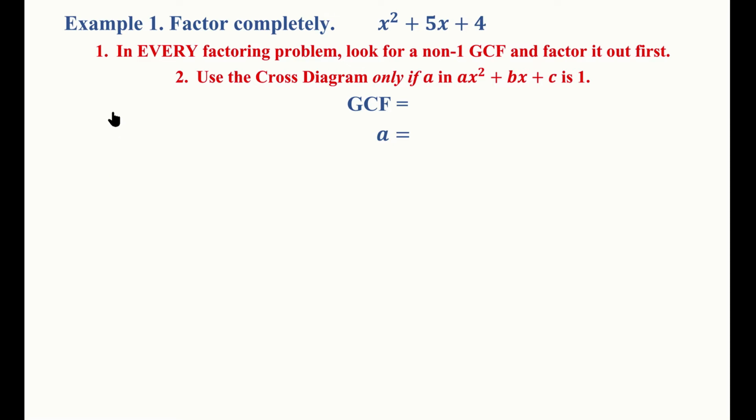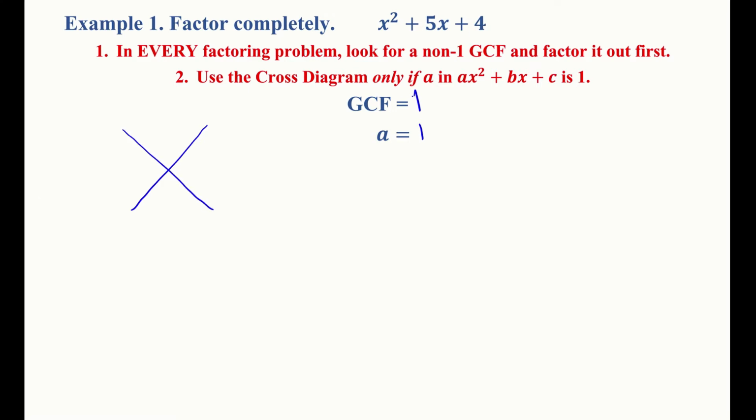And the cross diagram that we looked at in the previous set should only be used if the leading coefficient a is 1. It will not work if the lead coefficient is not 1. So since the GCF here, you notice, is 1, and the lead coefficient a is also 1, we can go ahead and use the cross diagram.